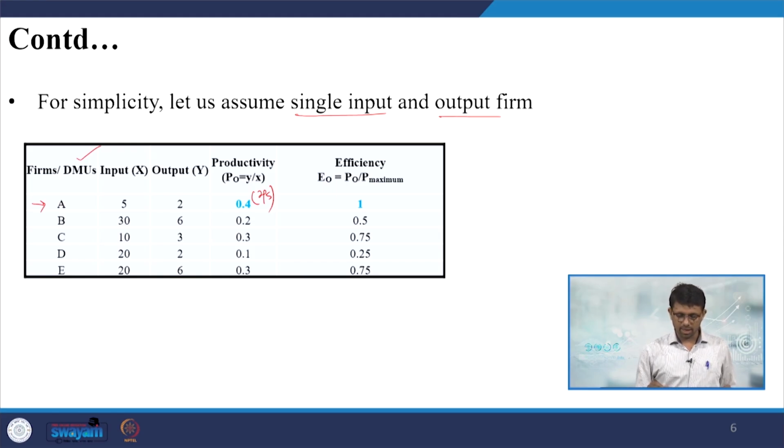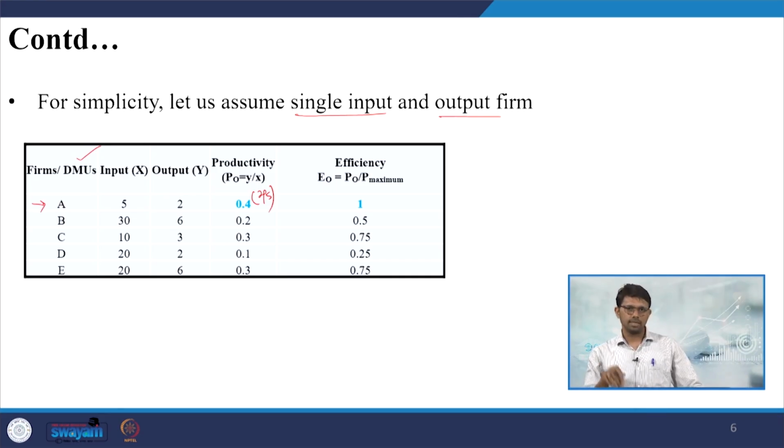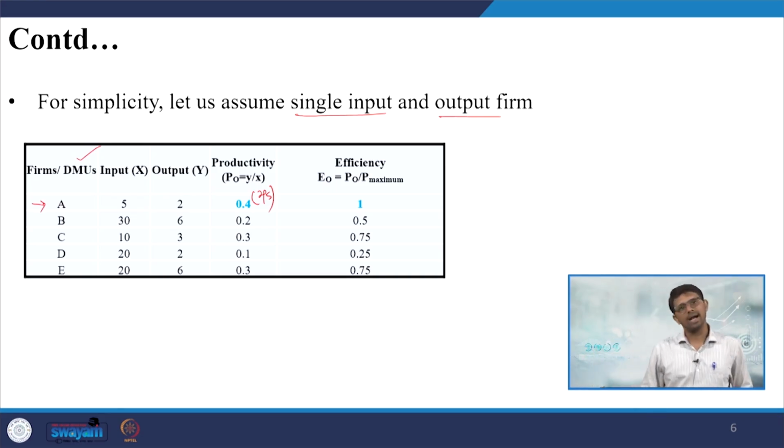And understanding efficiency, as we have already mentioned, it is the particular score out of the maximum score among the DM units or among the firms in the competition. Here you can easily see the maximum productivity is 0.4. So in the denominator we keep 0.4.